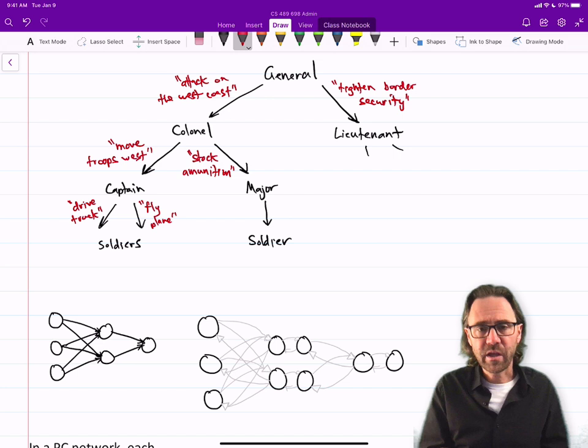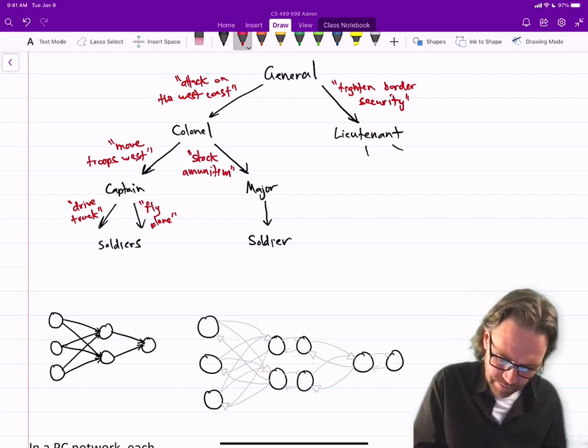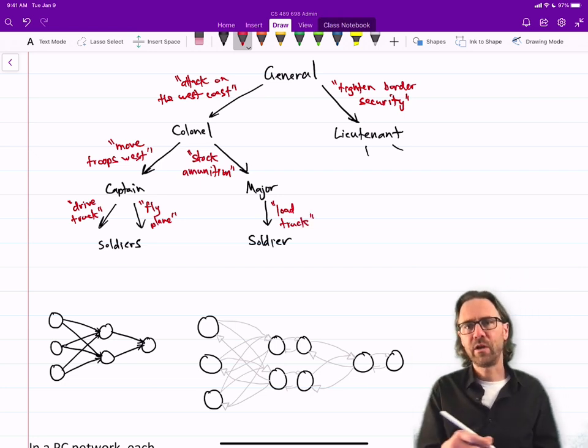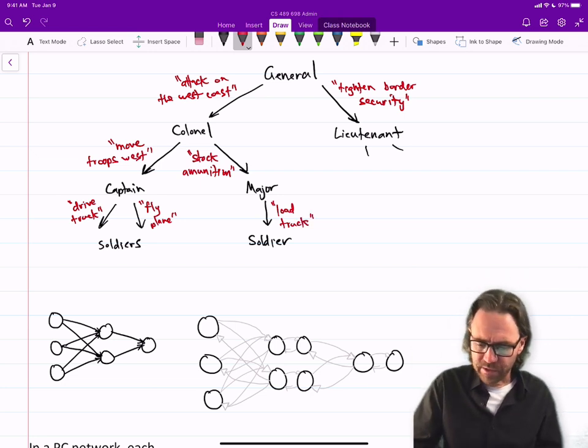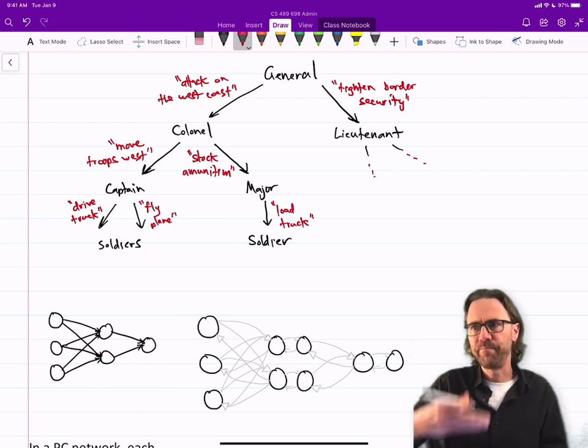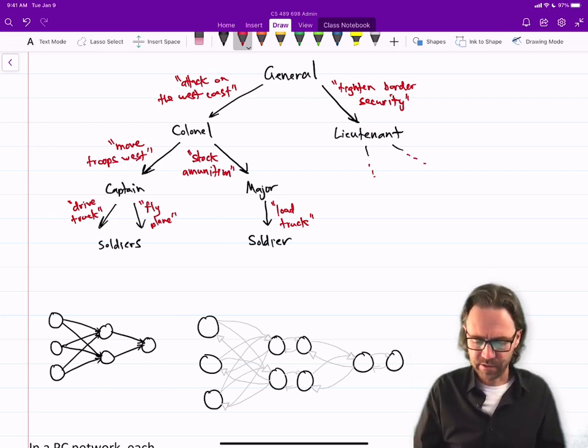For the stock ammunition, the major might tell one of the soldiers to load a truck with ammunition, whatever. You get the idea. And same thing on this side with the lieutenant. There'd be a whole cascade of hierarchically rendered commands.